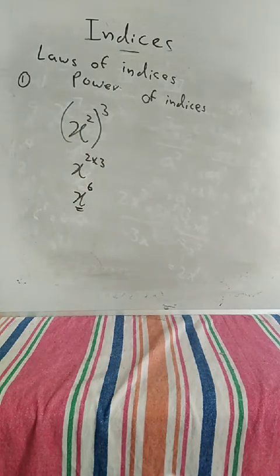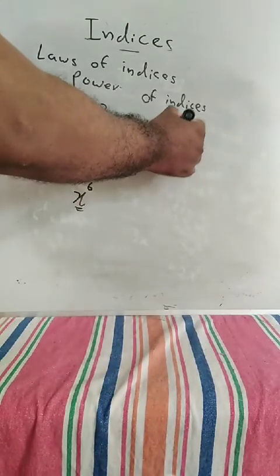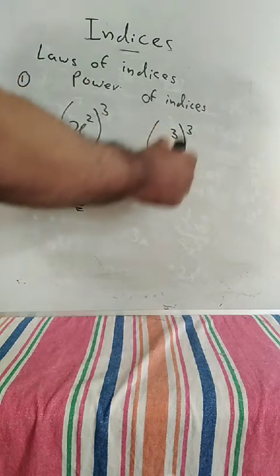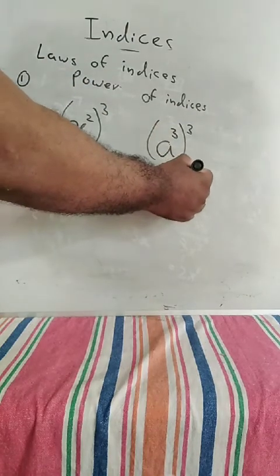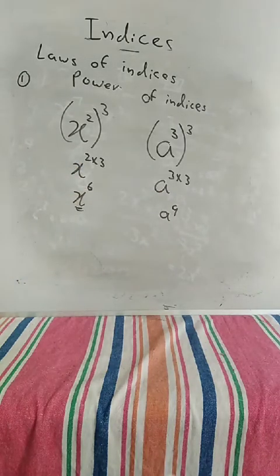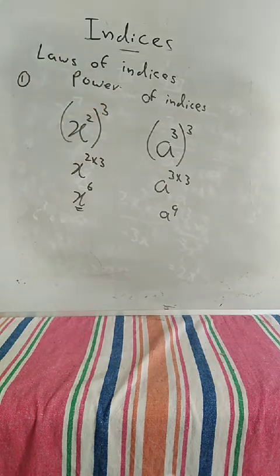This is the answer. Another one, a to the power 3 with brackets, to the power 3. You can multiply 3 into 3, 9. I know you can. When brackets are there, multiply.